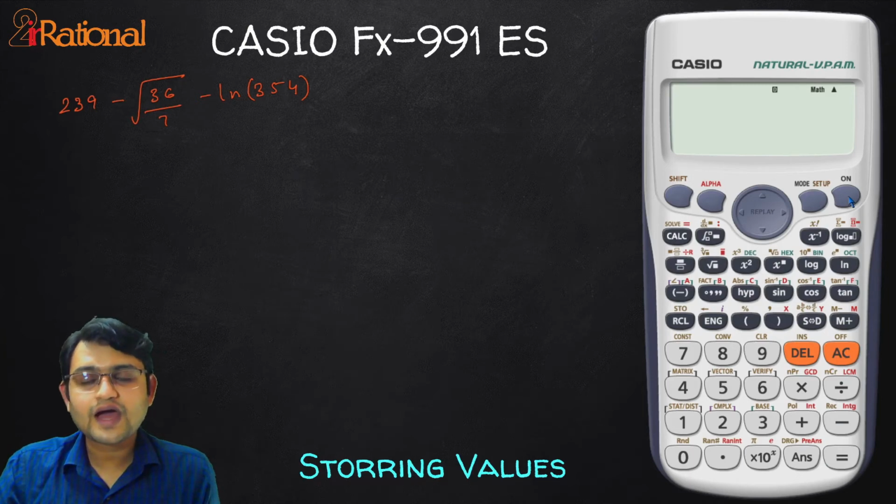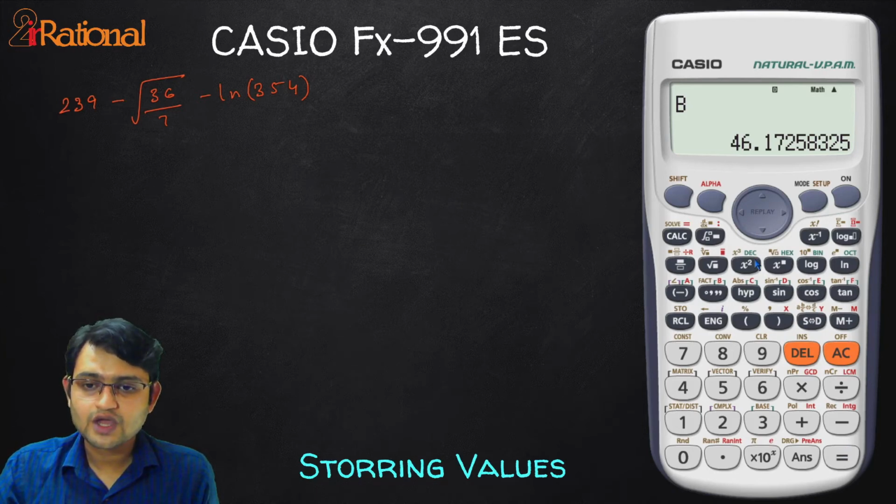Even if I press on, which usually clears most of the setups we have done, it will not clear these particular values. I will still have alpha A and alpha B with their values stored.